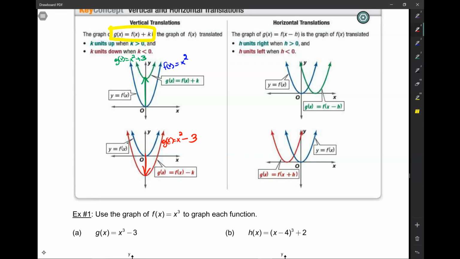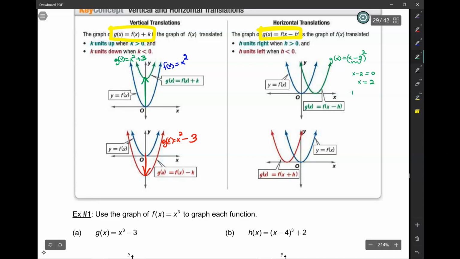Okay, horizontal translations look like this, f of x minus h. So now, if f of x is x squared again, and for g of x, if I said x minus 2 squared, then what we do is you take that x minus 2, set it equal to 0, and x is equal to 2.